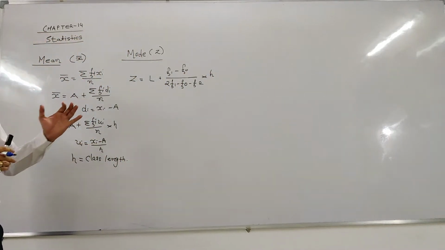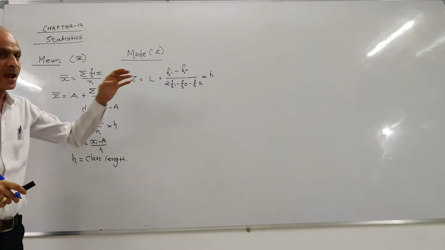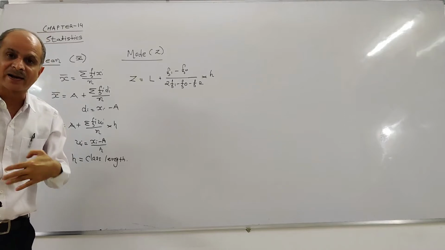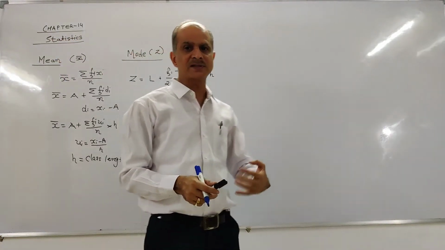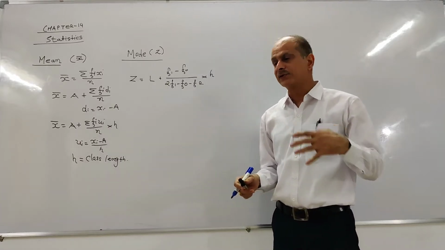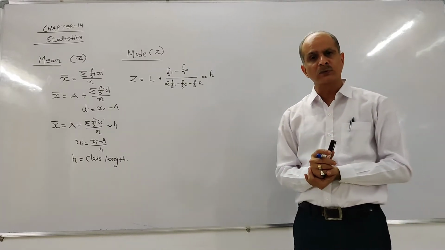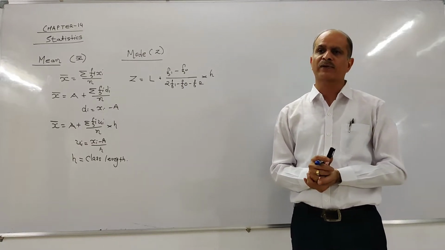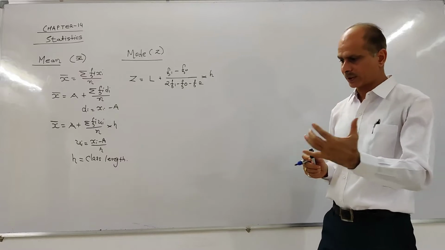You know how to find the lower limit of the modal class. f1 is the frequency of the modal class. f0 is the frequency of the class previous to the modal class, while f2 is the frequency of the class next to the modal class.